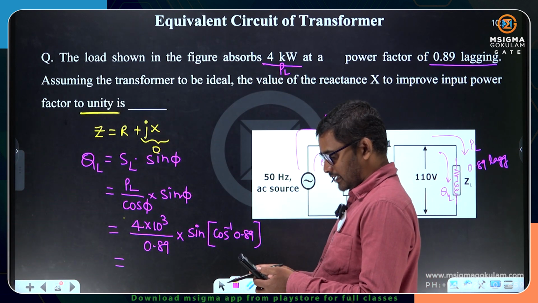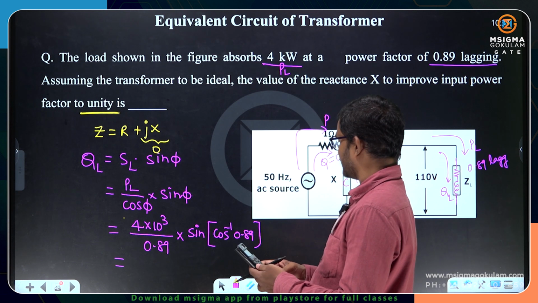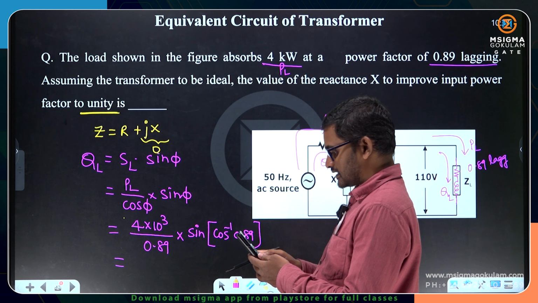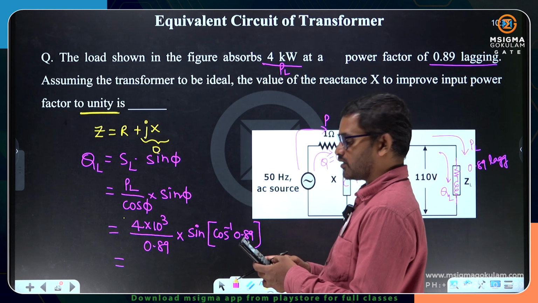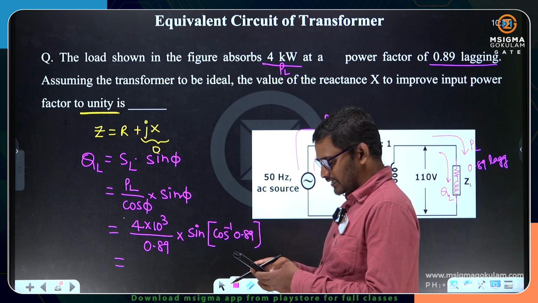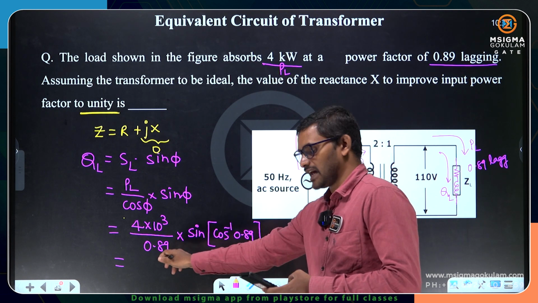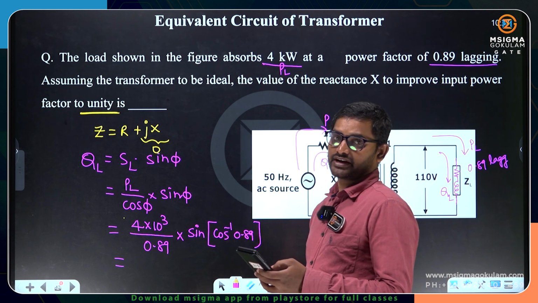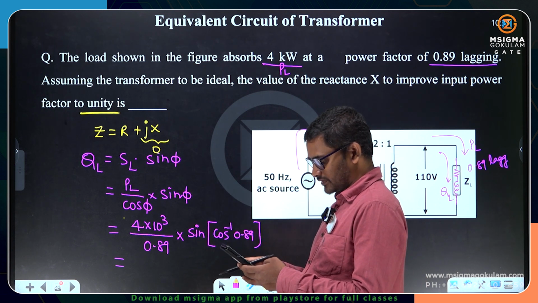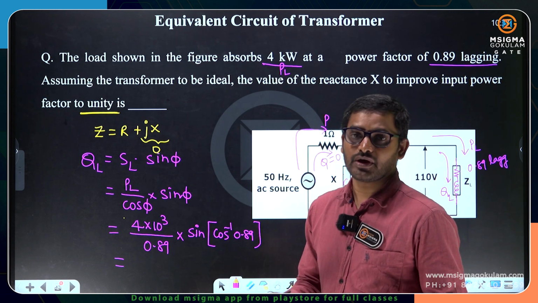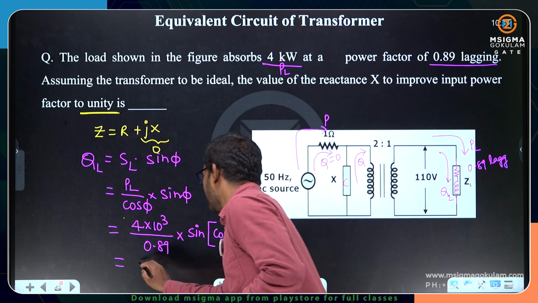The cos inverse of 0.89, the angle will be around 27.12 degrees, and the sine of that angle will be around 0.455. So this will be 0.455 divided by 0.89, that is tan phi, which is 0.51, into 4 kilowatts. So I will be getting it as around 2049.26 VAR.